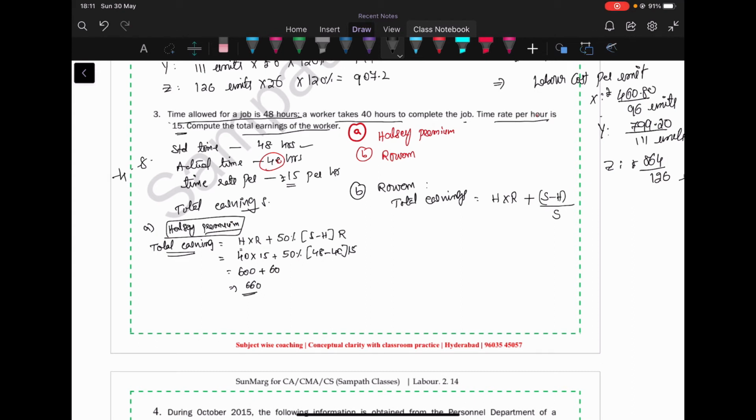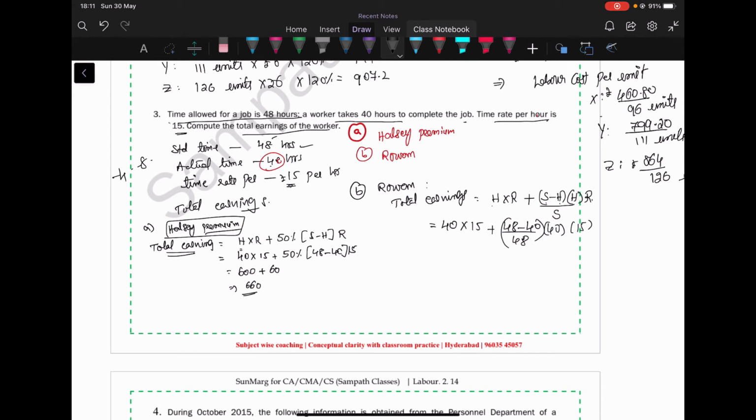How many hours I gave you as standard hours, in how many actual hours you completed it, into rate per hour. So here actual hours you took 40 hours, rate per hour is 15 rupees, plus standard hours 48 minus actual hours 40 divided by 48 into 40 into 15.